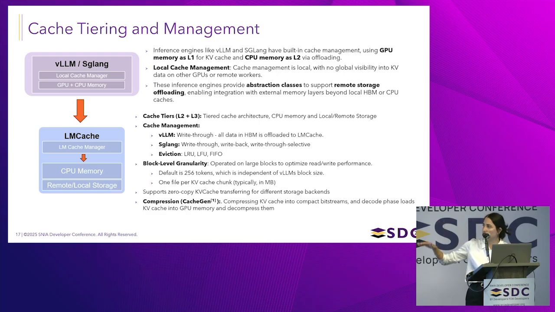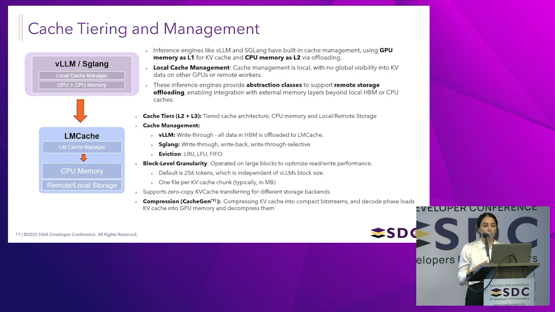Now if you look at the bottom layer, I'll give LMCache as an example, but Mooncake is also similar. They provide a tiered architecture, but their cache management is separate from the one at the top, right? So there are going to be two different cache managements happening here. For vLLM and SGLang, whatever data is generated at the upper layer is going to be written automatically to LMCache.